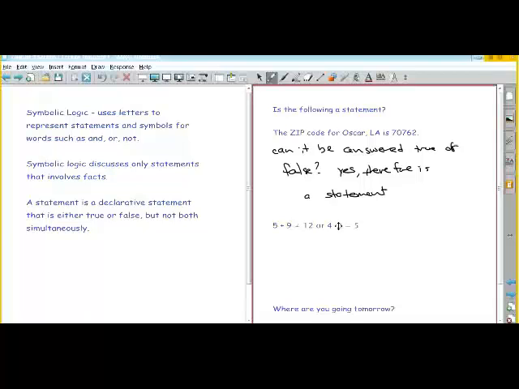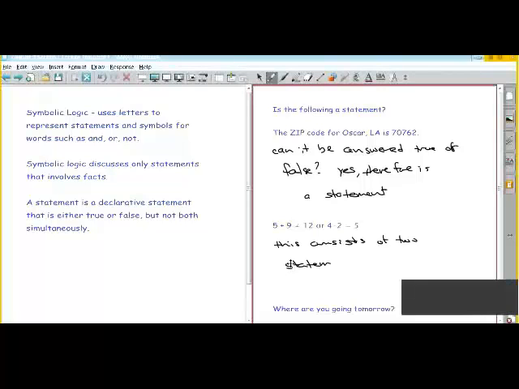It's a false statement, but again, it's a statement because I can say this is either true or false. It's either equals or not equals. So because of that, even though I have this connecting word here, this really consists of two statements.